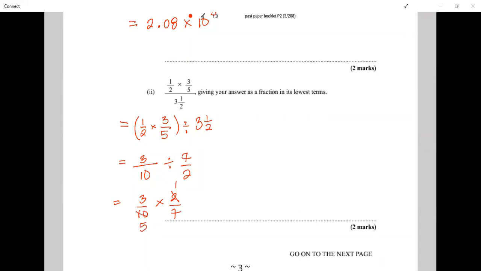When nothing else can cancel, we multiply numerator by numerator, so 3 times 1 is 3, over denominator by denominator, 5 times 7 is 35. So the final answer here is 3 over 35, unless I made an error.